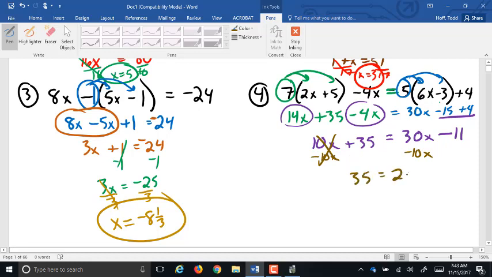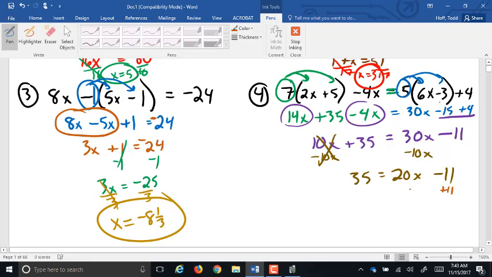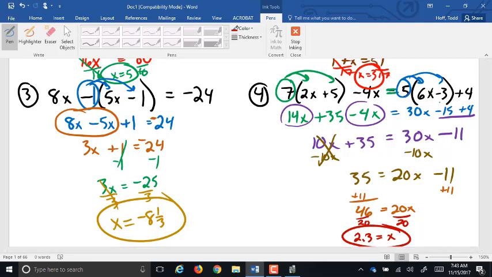So 35 equals 20x minus 11. And then, can I get rid of the negative 11 by adding 11? 46 equals 20x. And then, divide by 20 because it's 2.3 equals x. Or 2 3/10 if you want to leave it as a fraction. Questions there?